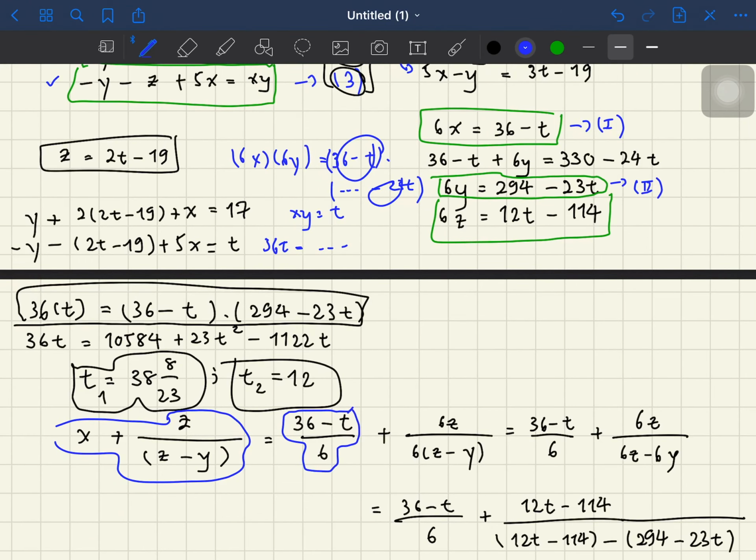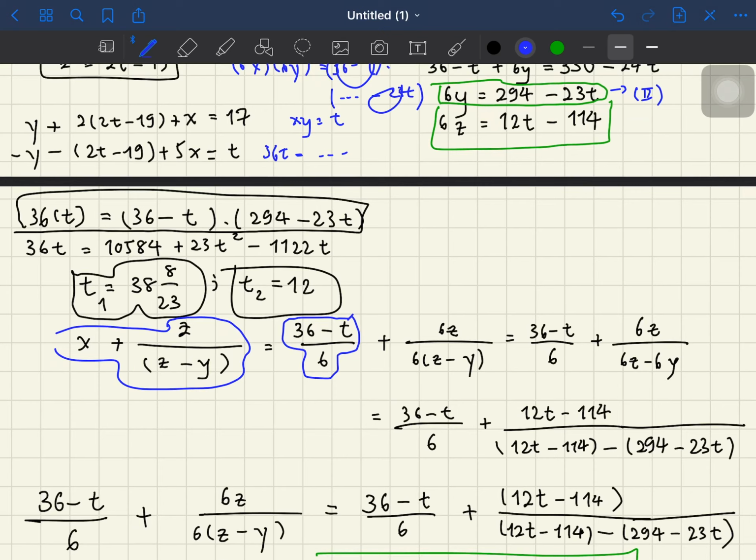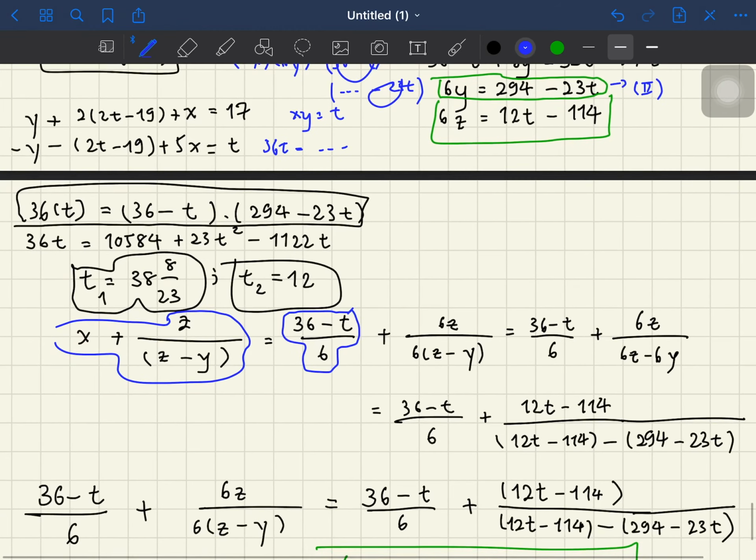And then notice that z over z minus y, you can rewrite it instead as 6z over 6 times z minus y, because I multiply each section of the fraction by 6.